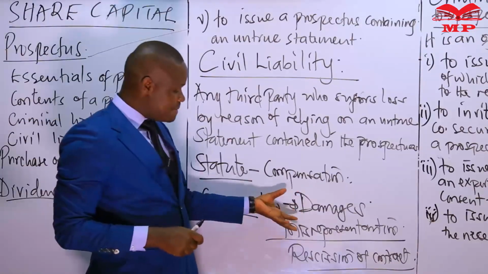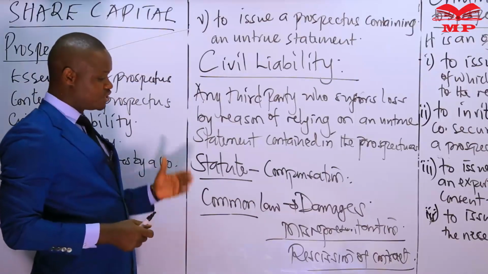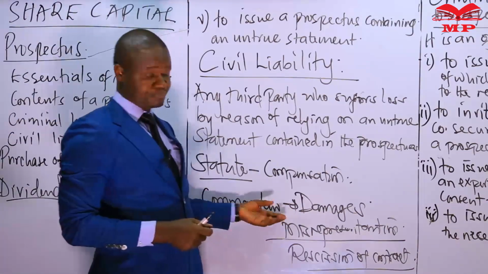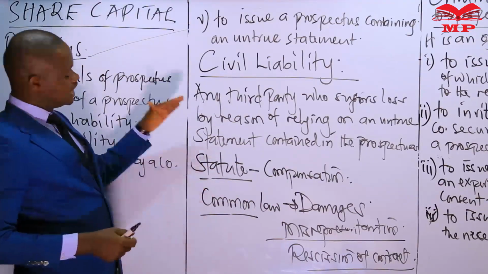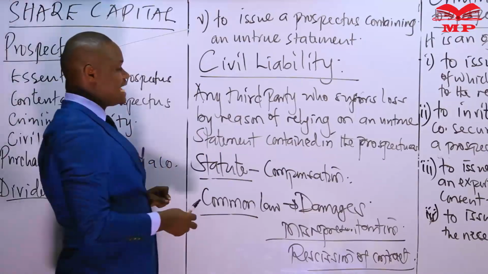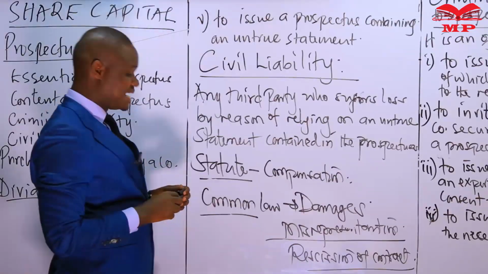They could also be claiming damages, monetary compensation for any monetary loss suffered. That is under common law. Then, as far as the Companies Act is concerned, it provides for a possible compensation that can be claimed by the suffering third party from specific persons.